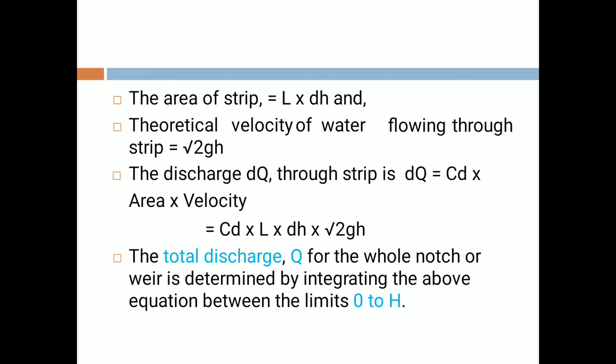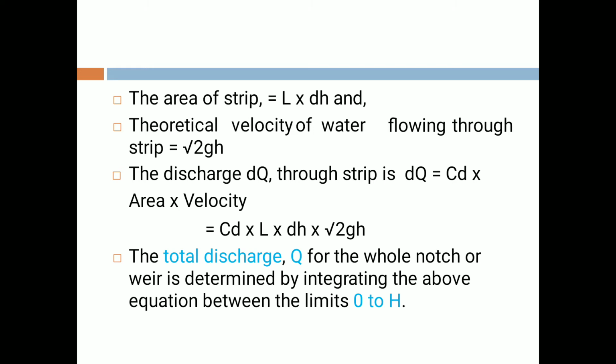So, the area of strip is L into dH, means length into thickness, and thickness is indicated by the term dH. Then the theoretical velocity of water flowing through the strip is under root 2gh.